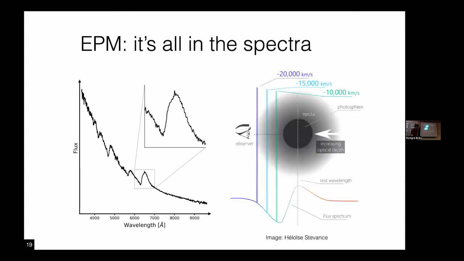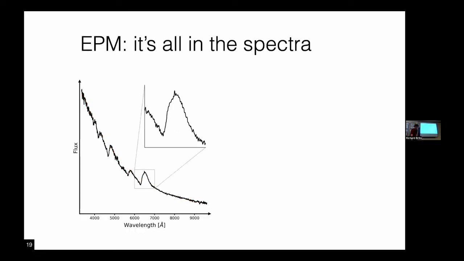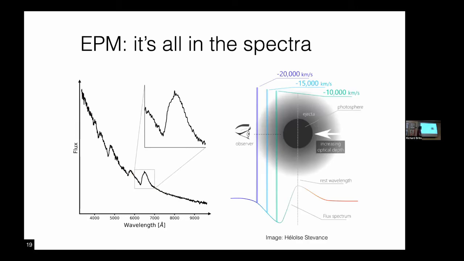The usual thing is, when you have such a P Cygni profile, the position of the blue-shifted absorption is characteristic of the photospheric velocity. It can also be a little bit larger than the photospheric velocity, but this is roughly a measurement for the photospheric velocity.